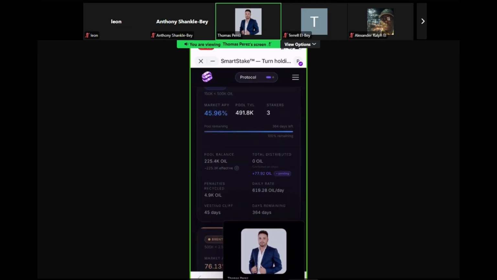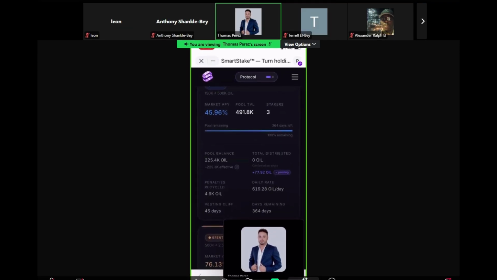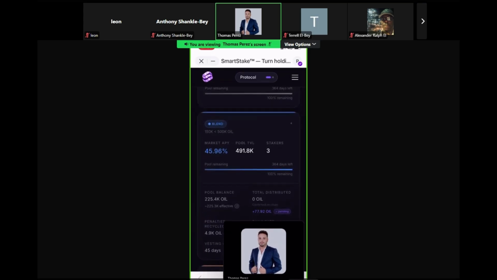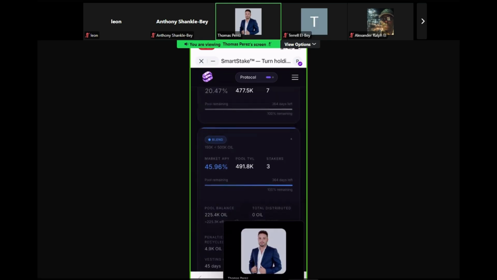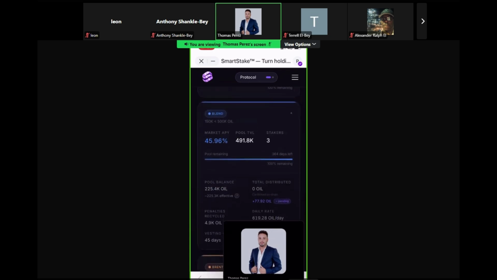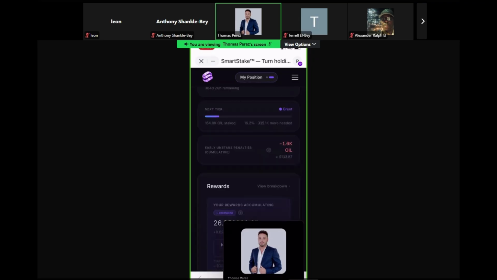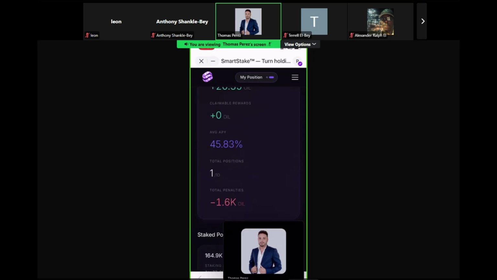Well, the average APY for this, I guess we all have the same amount staked there, because the average is 45.96, as you can see here. You can see my finger, but you can see the numbers in blue. It's the average, so I guess everyone in that pool has this APY.